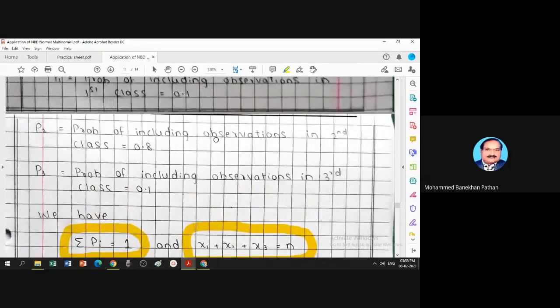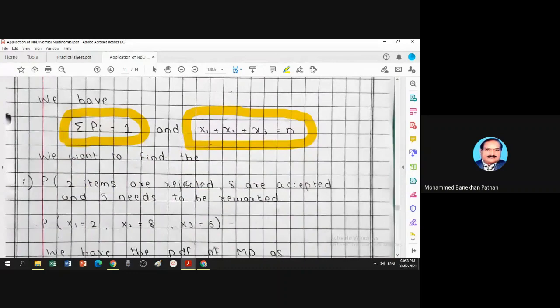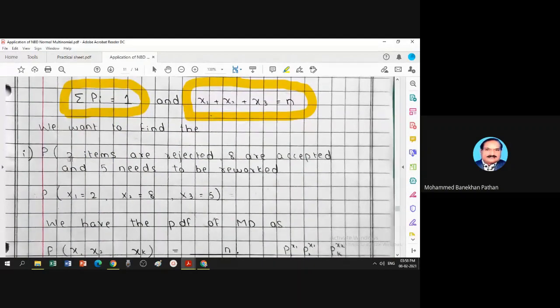Here P1 0.1, P2 0.8, P3 0.1, so the total becomes 1. We want to find bit number 1, the probability that 2 items are rejected, 8 are accepted, and 5 need to be reworked. So X1 taking value 2, comma, X2 taking value 8, comma, X3 taking value 5.